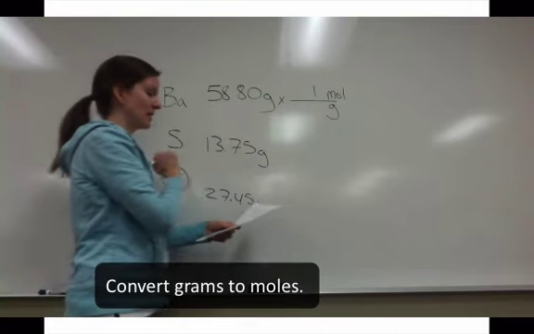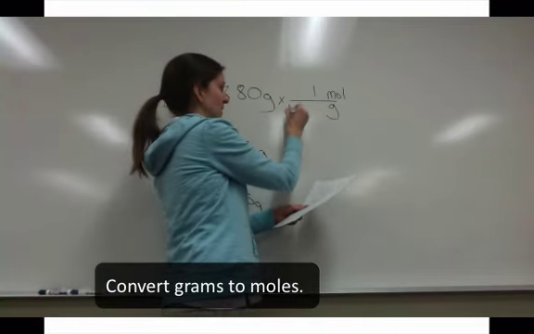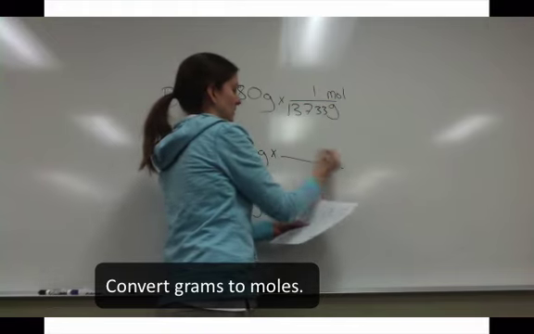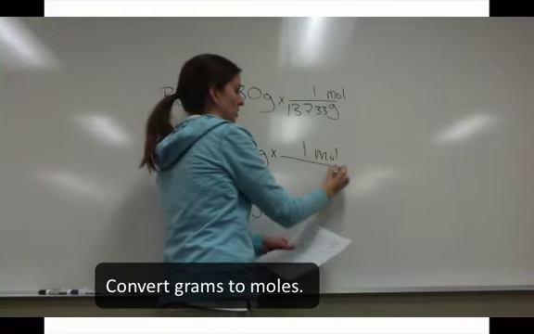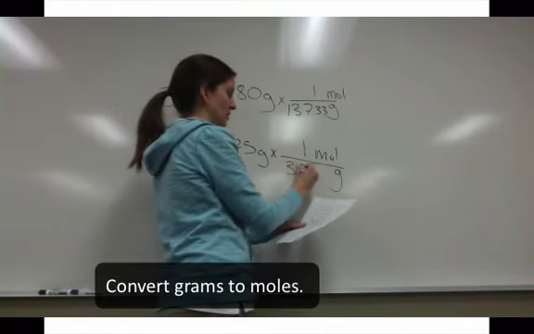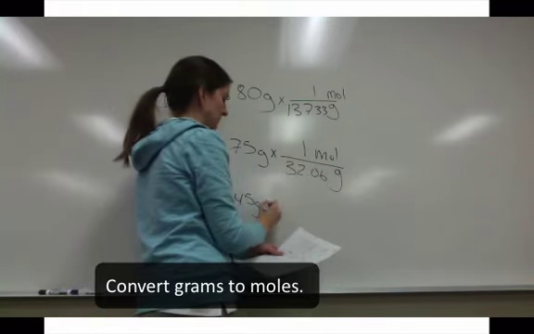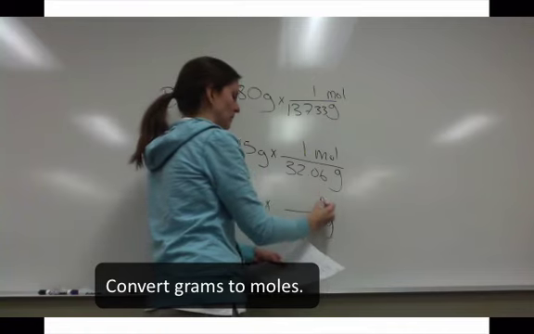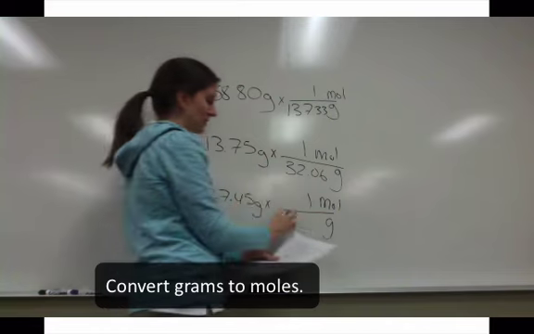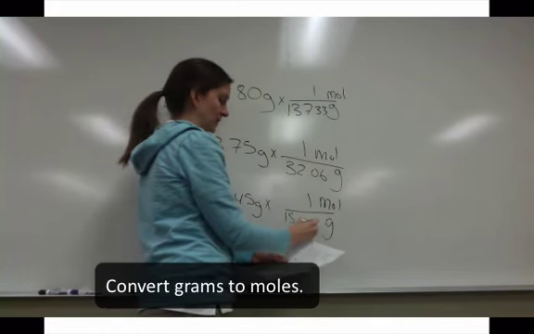The molar mass of barium, if you read the periodic table, is 137.33 grams per 1 mole. Molar mass of sulfur is 32.06 gram per mole. For every 1 mole of oxygen, based on the periodic table, oxygen weighs 15.999.